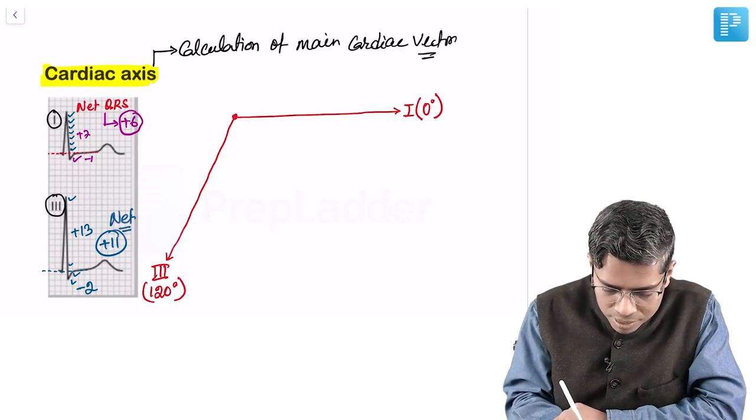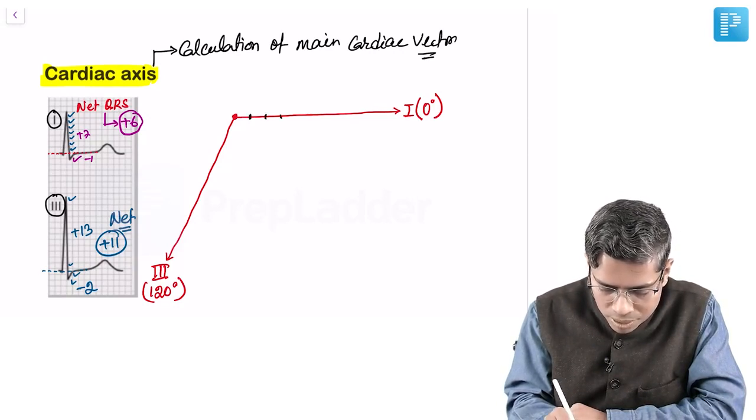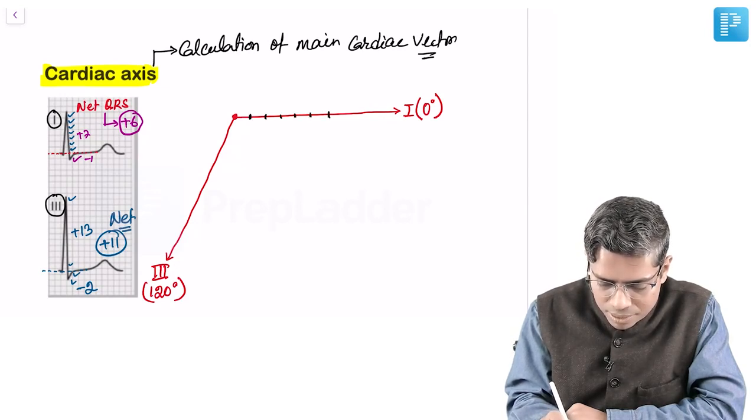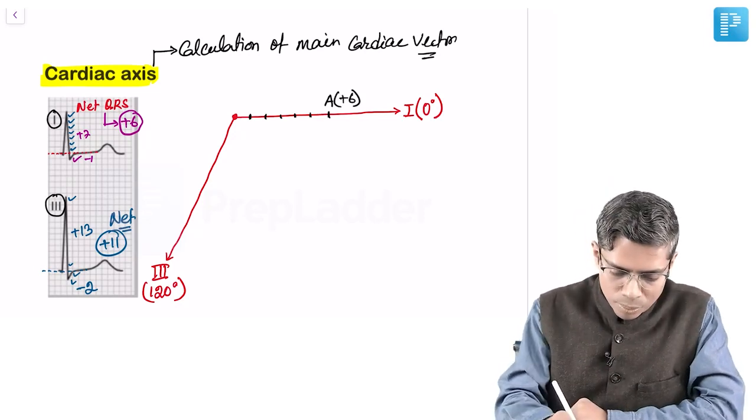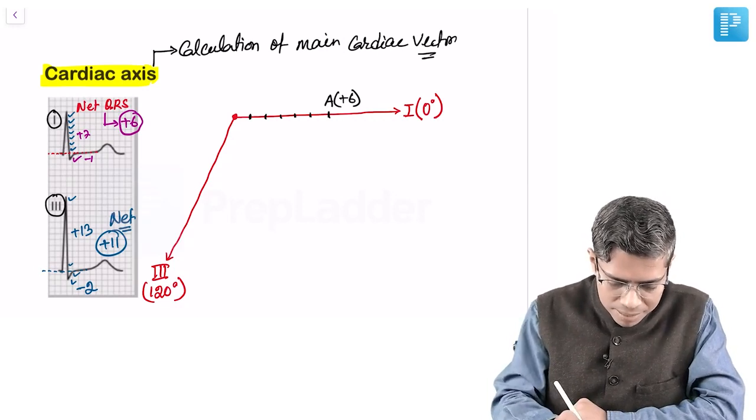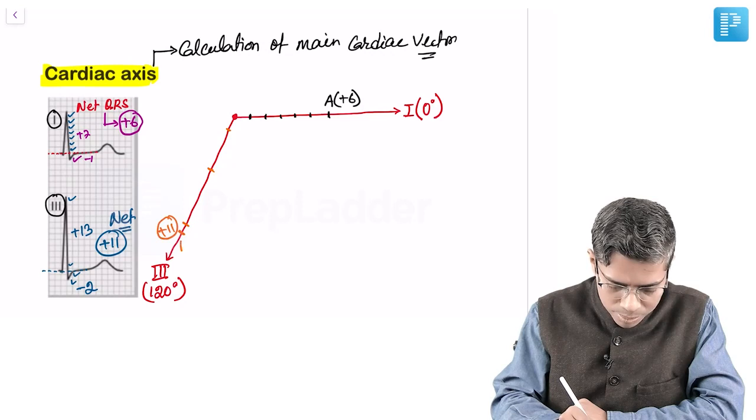Suppose this is arbitrary 1, 2, 3, 4, 5, 6. So this is a point, plus 6. Similarly, I have to plot on lead 3, which is plus 11. Suppose this is 1, this is 5, this is 10, and this is 11. So this is plus 11. Suppose this is point B.